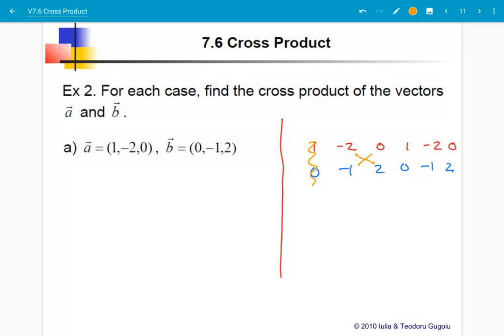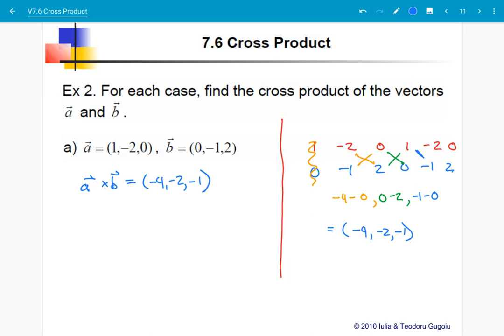So it is -4 minus 0. Then the next crisscross is 0 minus 2. And then the last crisscross is right here, -1 minus 0. And so we get -4, -2, and -1. So A cross B is -4, -2, -1.